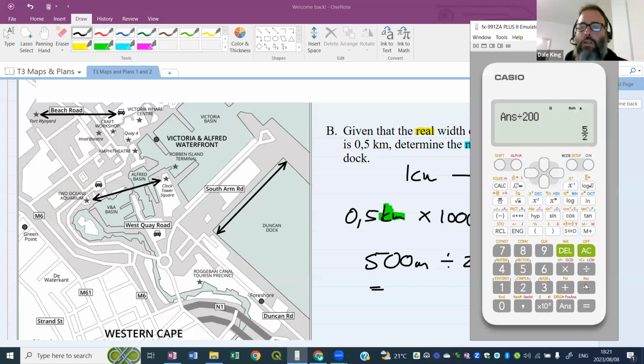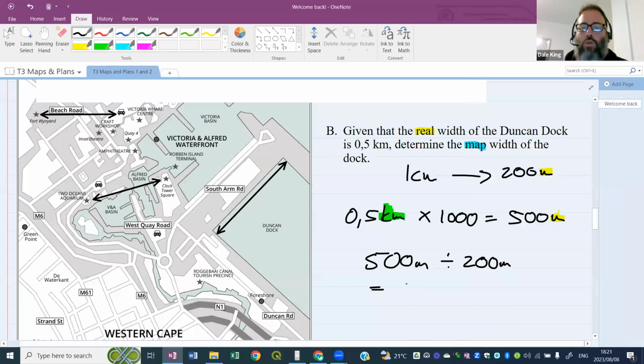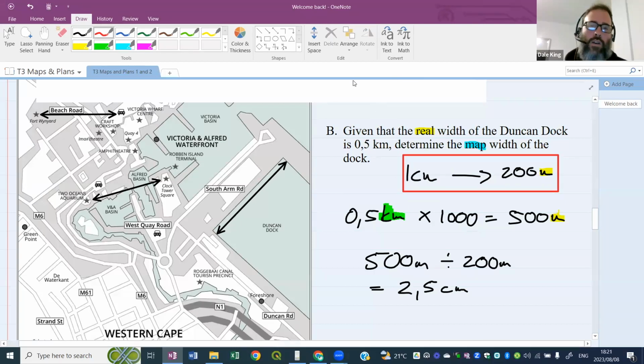So I'm going to divide, and you should all know that we're going to get 2.5. And what are the units here? Centimeters. All right. So we're using this relationship that we got off the bar scale to help us solve this. Very good, Fifi.